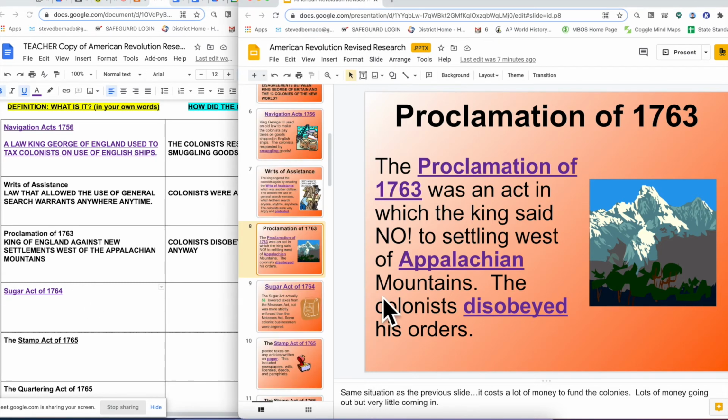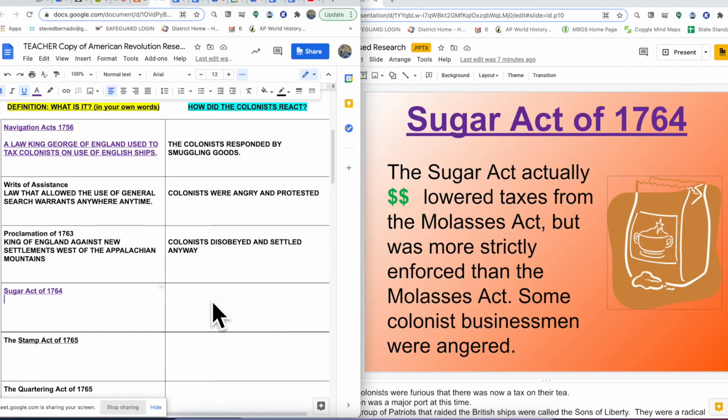Let's look at the Sugar Act of 1764. You like sugar? Well, the Sugar Act of 1764 actually lowered taxes from the Molasses Act, but it was more strictly enforced than the Molasses Act. Some colonist businessmen were angered, okay?